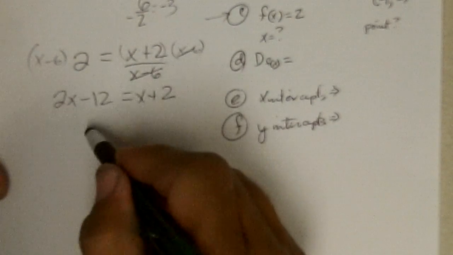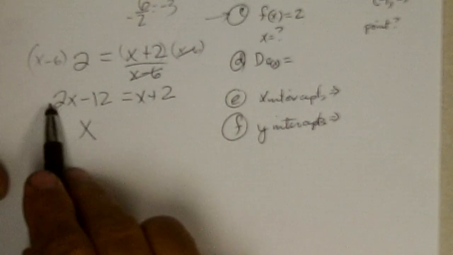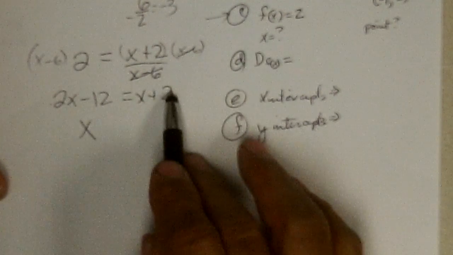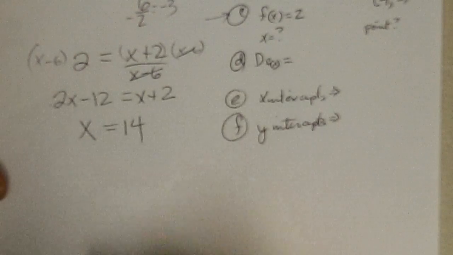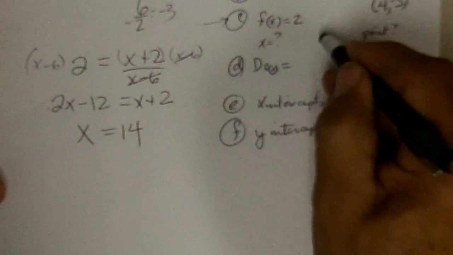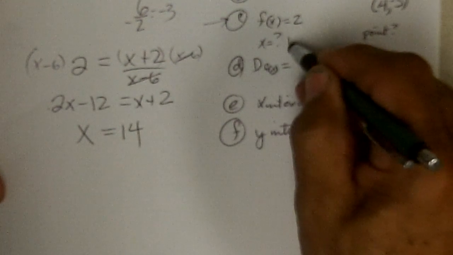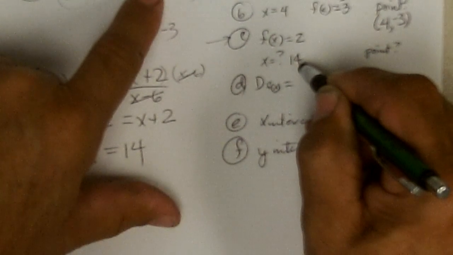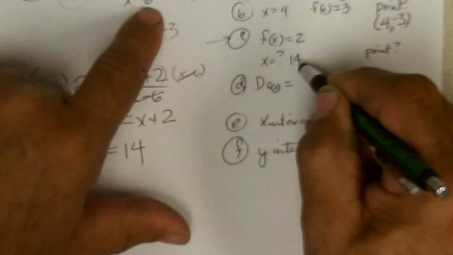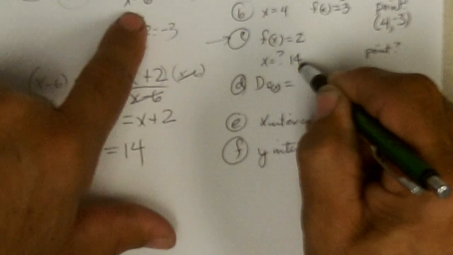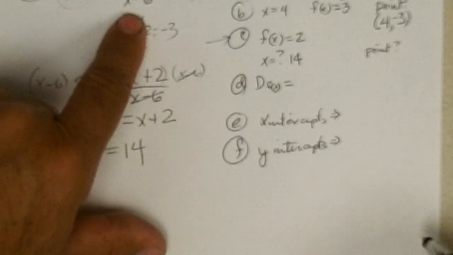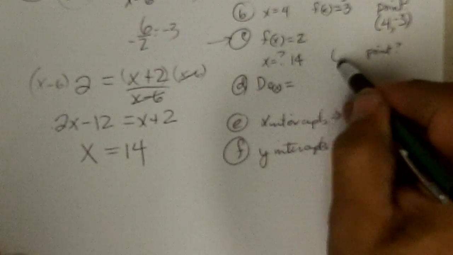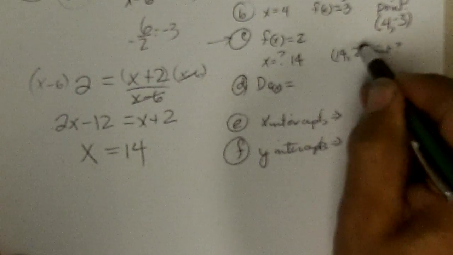Subtract x from both sides. Add 12 to both sides. So x equals 14. When x is 14 in here, 14 plus 2 is 16. 14 minus 6 is 8. 16 divided by 8 is 2. So the point on the graph is (14, 2).